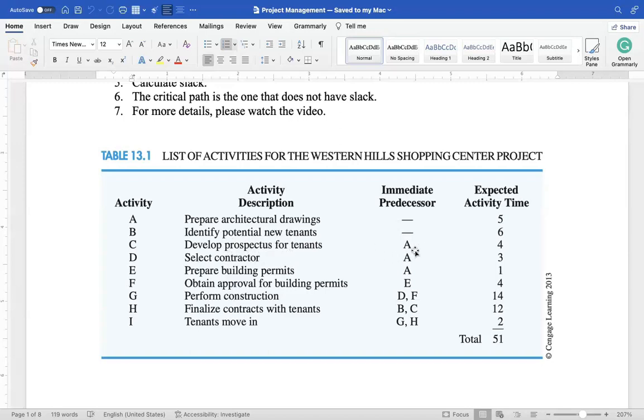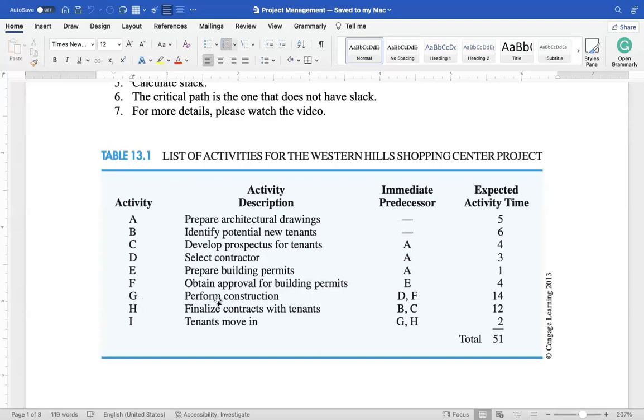So you can also read it this way, that activity A leads to activity C. Then activity D, select contractor, and its predecessor is A. Again, you can read it backward: A leads to D. Then activity E is about preparing building permits, and its immediate predecessor is A, or A also leads to E. And then F, obtain approval for building permits, its predecessor is E.